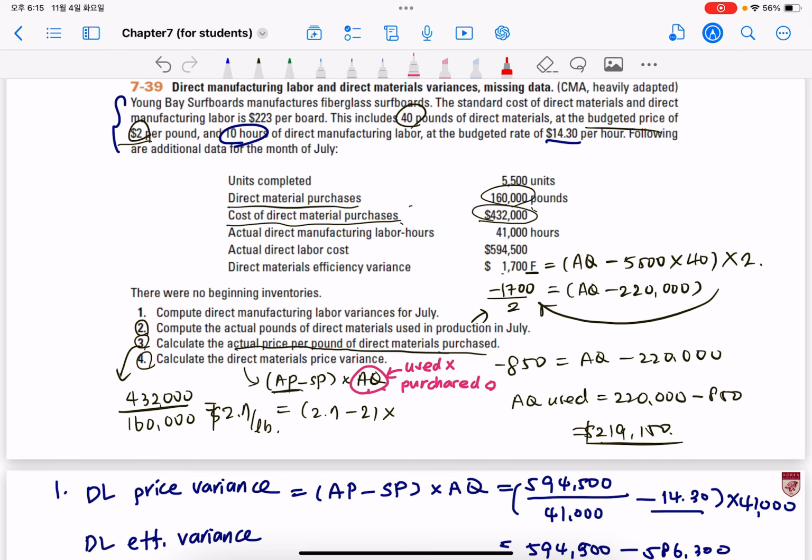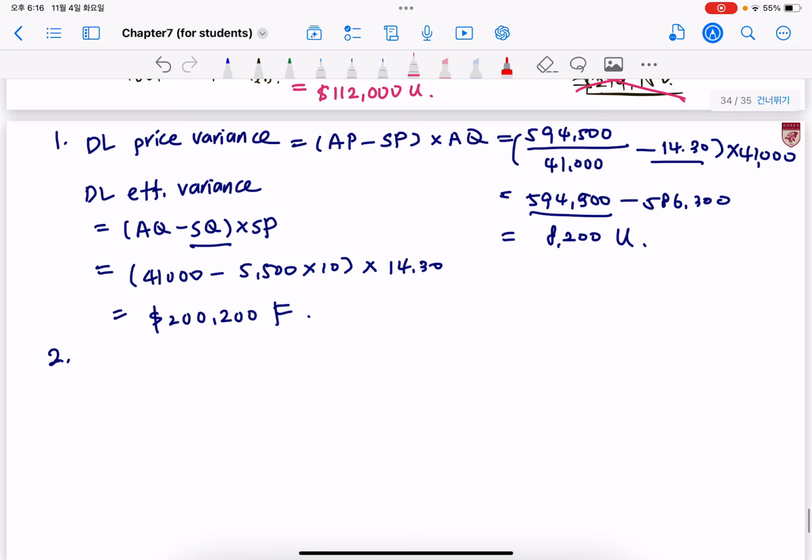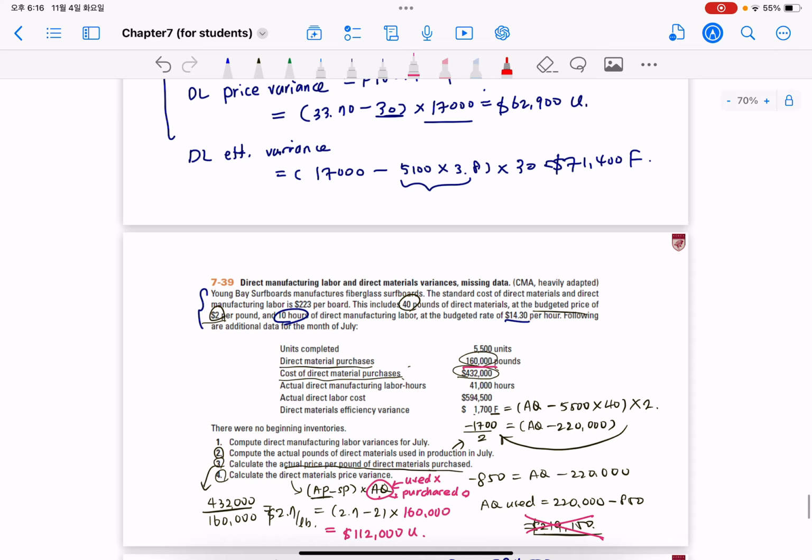Because if you remember, the timing when we record the price variance was when we purchased materials, right? So AQ purchased is actually 116,000, not this one that we have got right here, okay? So that's something to note. Okay, so that's going to be $112,000 unfavorable.